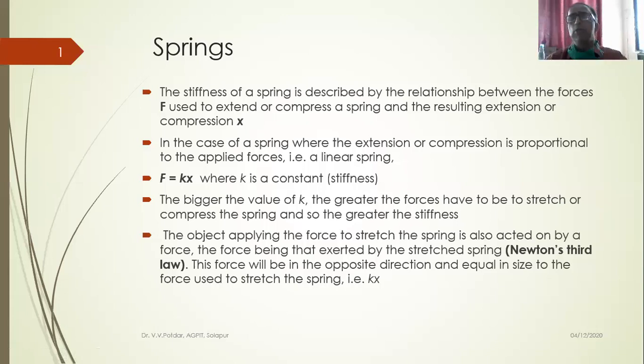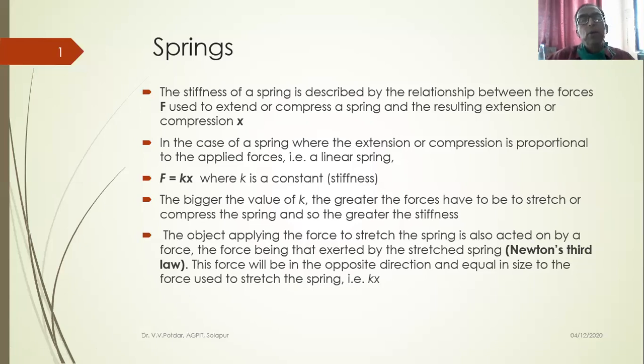We are applying force F, and the spring is providing the displacement. If we look at this equation, F is equal to Kx, and solve it for K, K will be equal to F upon X. So the bigger the value of K, the greater the force has to be to stretch or compress the spring, so the greater the stiffness.